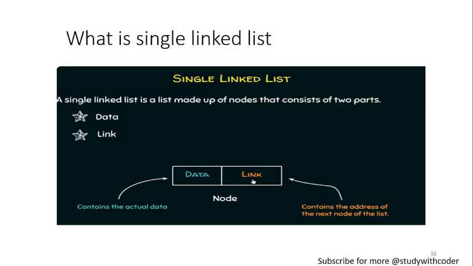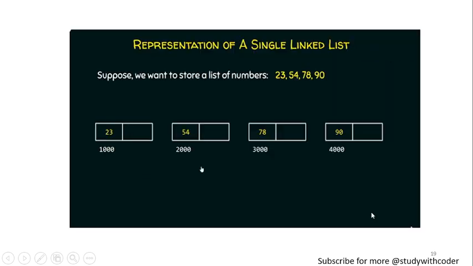What is a singly linked list? A singly linked list is a list made up of nodes that consist of two parts, data and link. Data contains the actual data and link contains the address of the next node of the list. Representation of a singly linked list. Suppose we want to store a list of numbers 23, 54, 78 and 90.